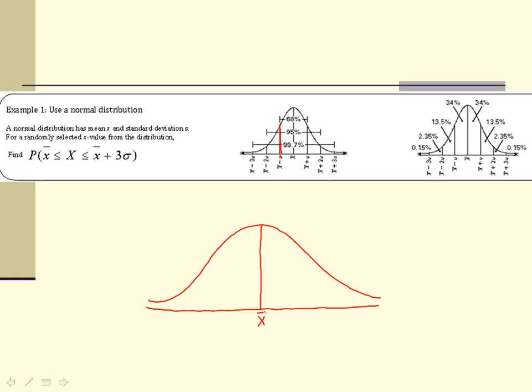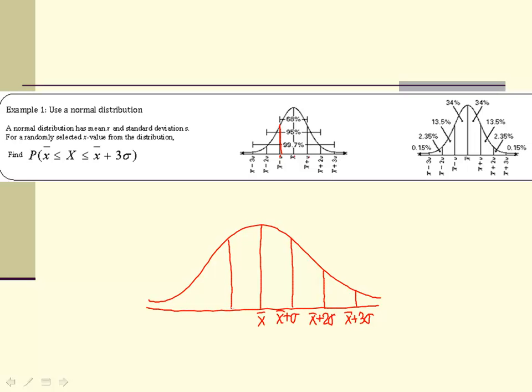Well, if I go to the right one standard deviation, the way we write this is the mean plus one standard deviation. If I move to the right two standard deviations, we say the mean plus two standard deviations. And 3 lines out is the mean plus 3 standard deviations. Now it works the same way in the other direction.